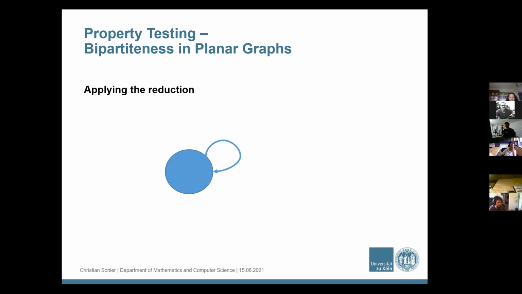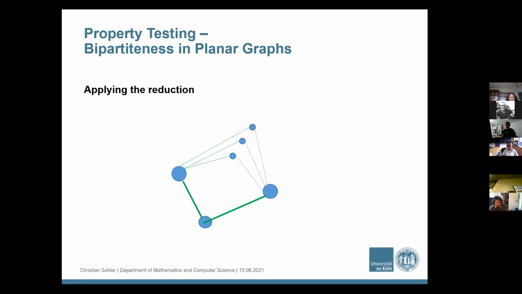And now we make sure that if we find an odd length cycle in this graph, then we also find an odd length cycle in this graph. And that's the property we always want to maintain in our reduction. So if we find an odd length cycle here, we also find an odd length cycle here. If we find an odd length cycle in this graph, we find one here, and so on.